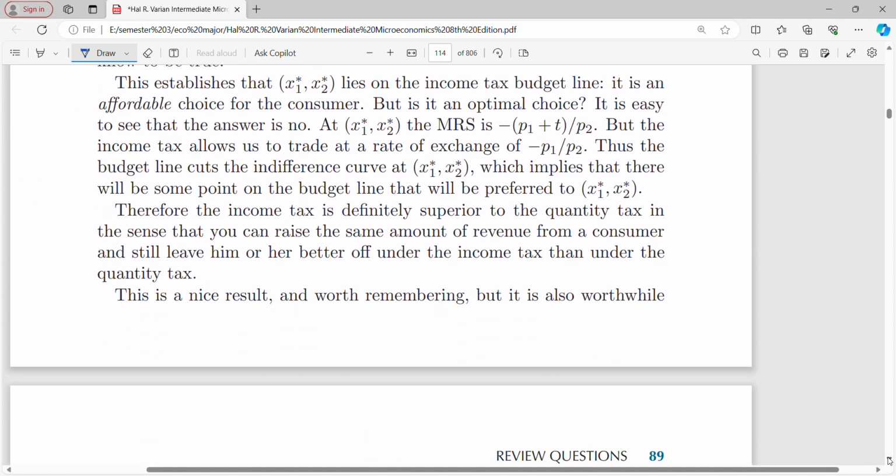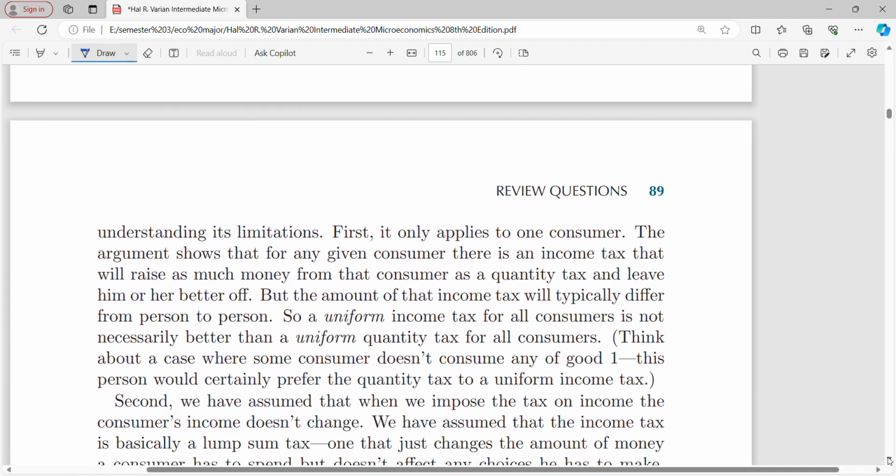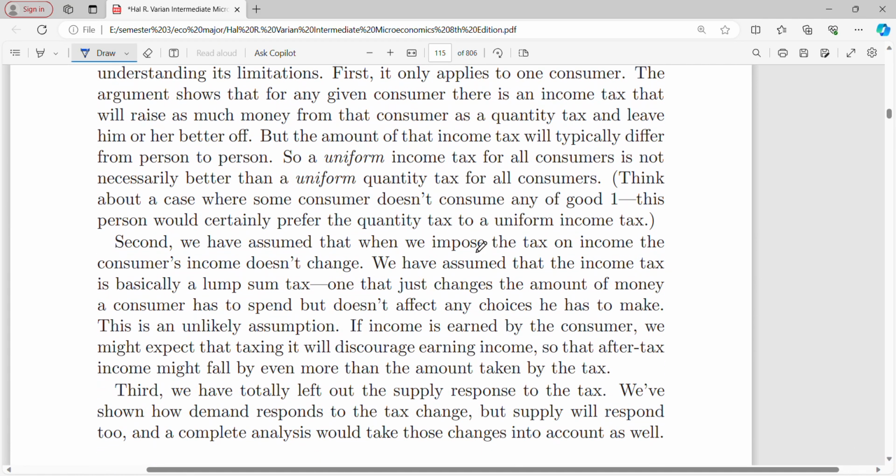And next, there are two limitations. It is better for the government to apply income tax because the consumer will be better off compared to the quantity tax. The two limitations are, first, that the income tax is not uniform. Even if the income tax is uniform, think of a consumer who doesn't consume any of good one.